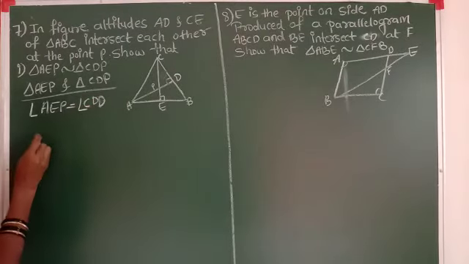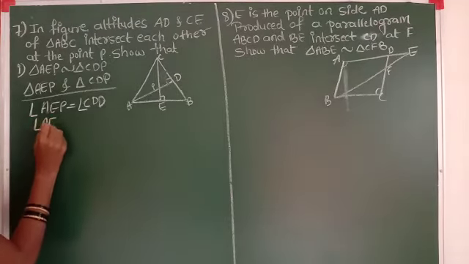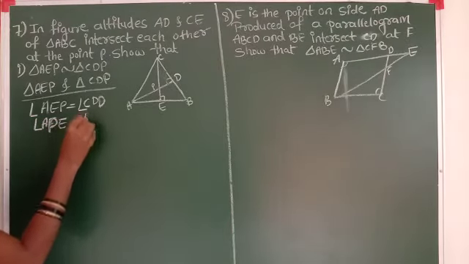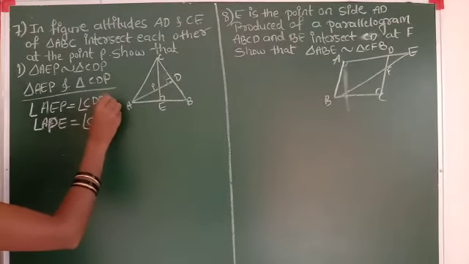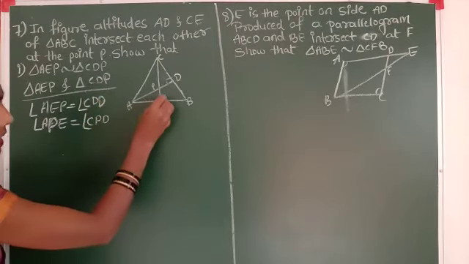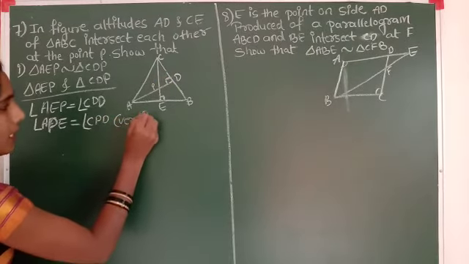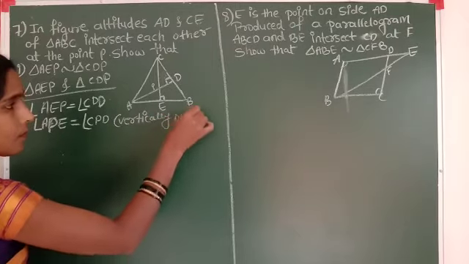Next, we can write angle APE is equal to angle CPD, as vertically opposite angles are equal.